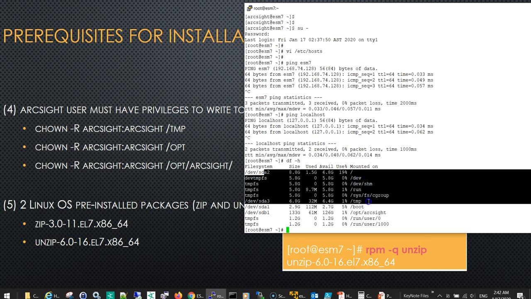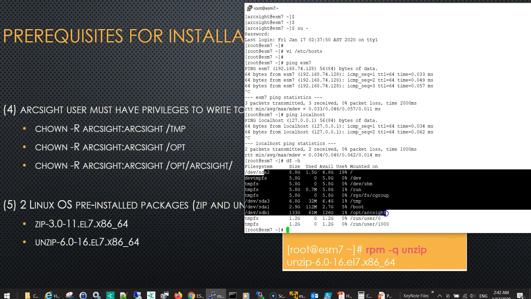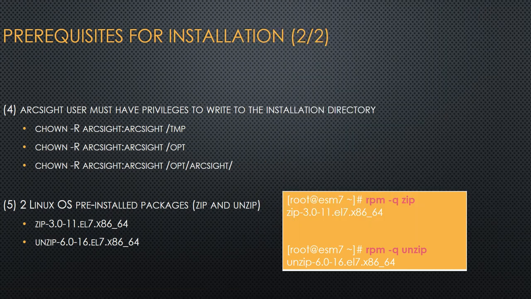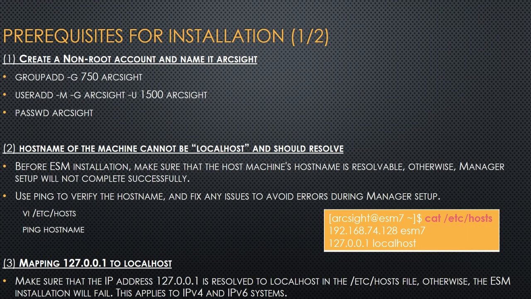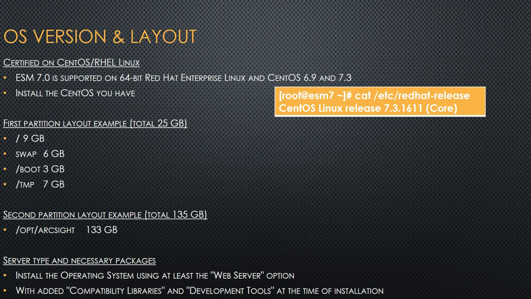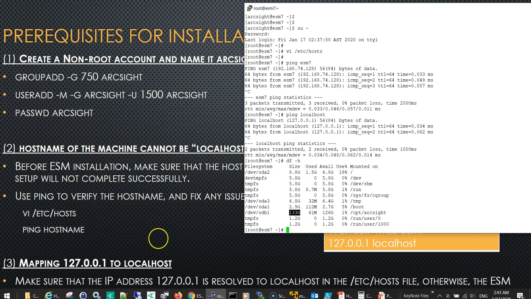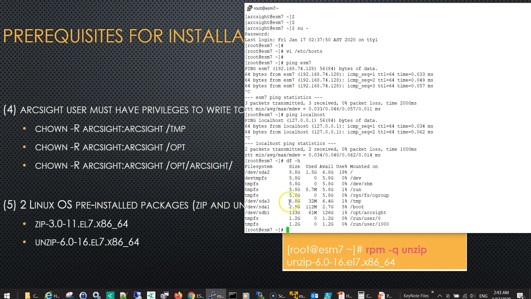We can see the temp with almost 6.8 GB. We can see the opt ArcSite is coming 133 GB, as we expected. Remember our calculation for sizing to achieve 133 GB, and we got it exactly. And we are good to proceed with these steps.